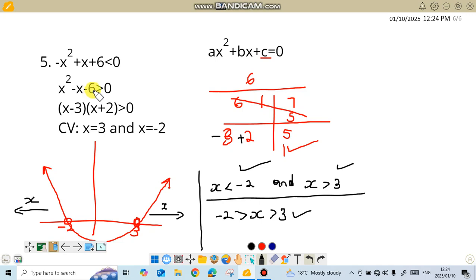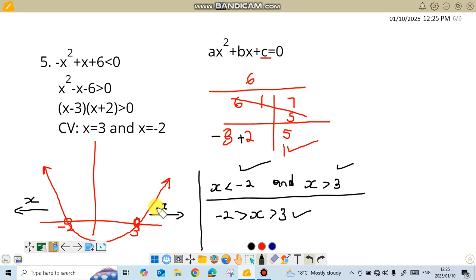But we don't want 0, we want greater than, so you can use a value on this side. You can use any value less than negative 2, use negative 3 for example. Negative 3 squared is 9, then minus negative 3 is 9 plus 3, which is 12. 12 minus 6 is 6. So that is greater than 0.